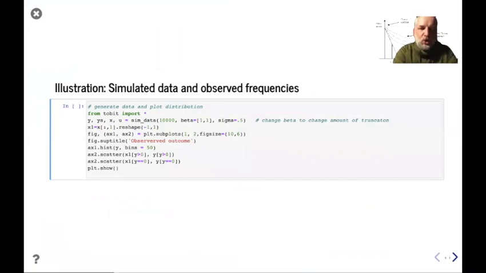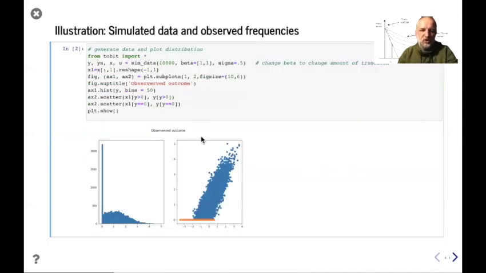So I want to show you now a little bit of an example with some simulated data, and show you what the observed frequencies are in this particular case. We read in the data, we simulate data from the Tobit model, and I'll explain it later, and then we plot the data.